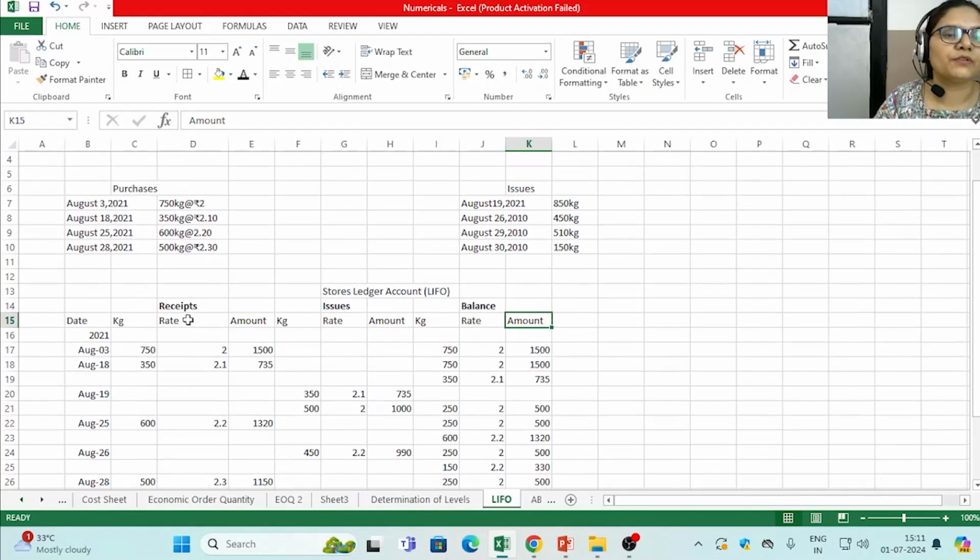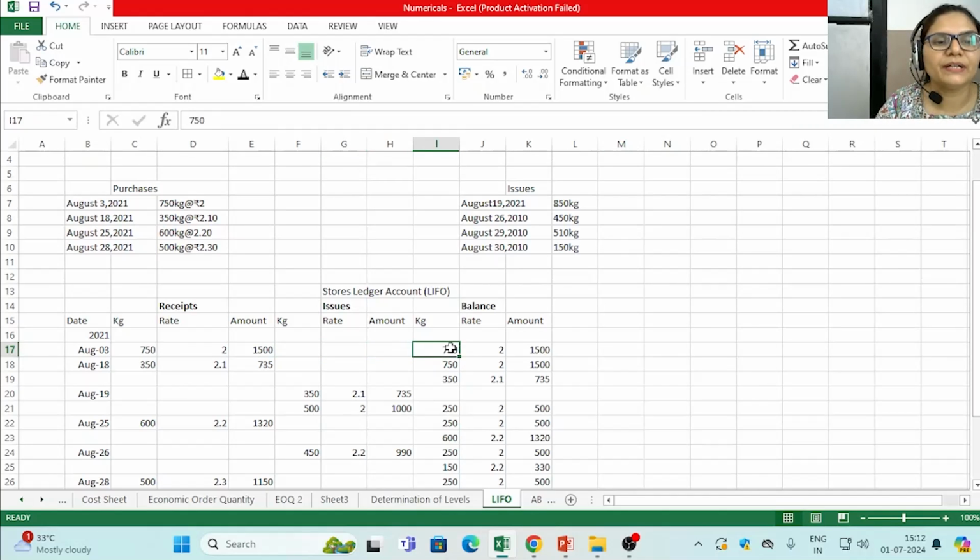Now, first of all, understand the transaction done on August 3. On August 3, we have purchases of 750 kg of quantity at the rate of rupees 2 and amount is 1500. Noting down the balance, there are no issues done.